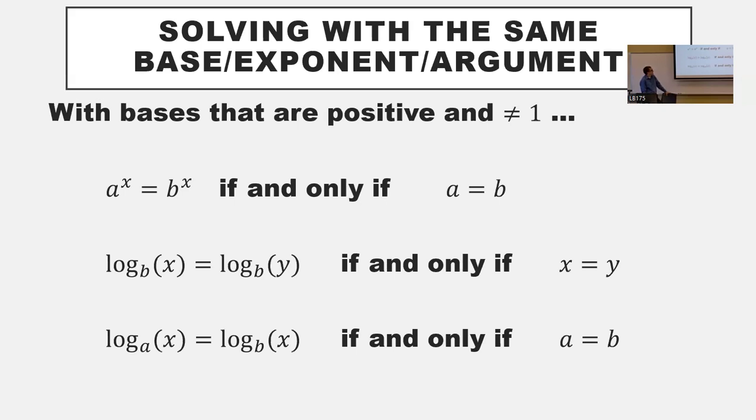One of them is saying, well, if I have a base raised to the x power, and that's set equal to another base raised to the x power, then that's going to cause my bases to be equal, as long as that's true for all x's, is what I'm saying. Or even if we have a specific x, as long as x is not the 0 power. Does that make sense? We're assuming everything's positive, not equal to 1.